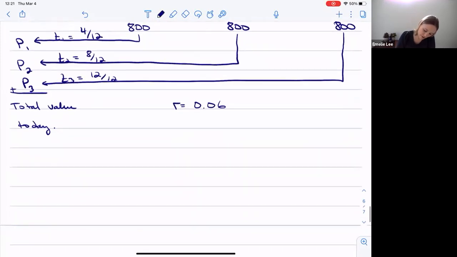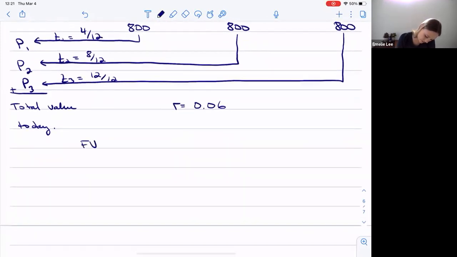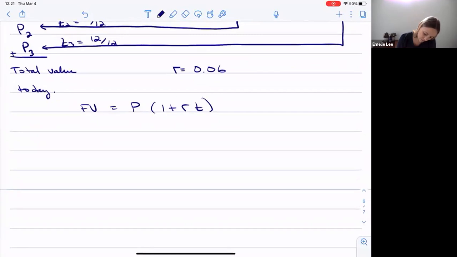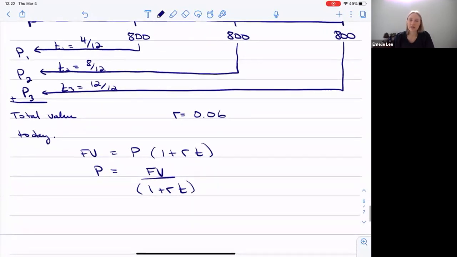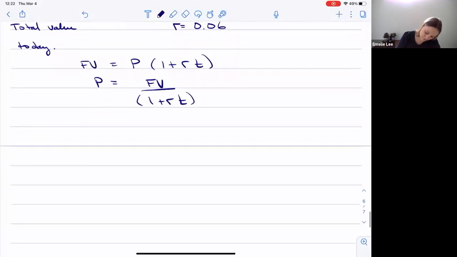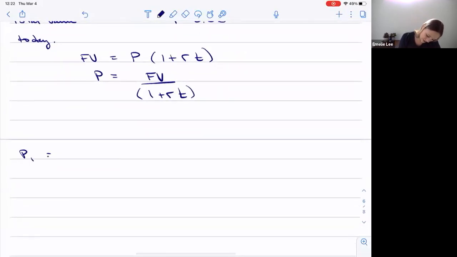So here, in terms of my work, I'm going to find that the future value is P times 1 plus R times T. So then if I'm solving for P, P is the future value over 1 plus R times T. Now I'm going to go ahead and just use that instead of rearranging all of my formulas, which I can totally do, but I'm just a little bit lazy. So I'll start on a fresh page here.